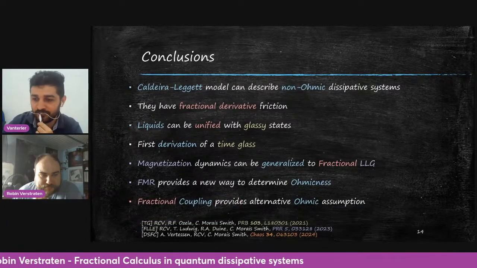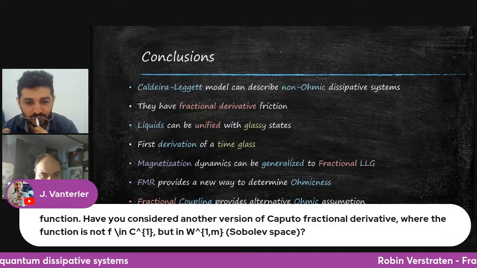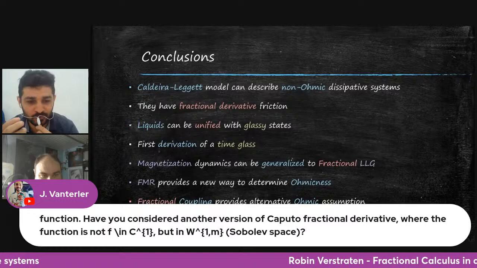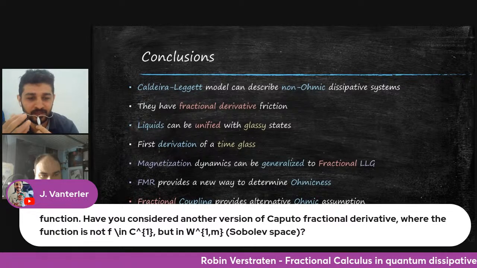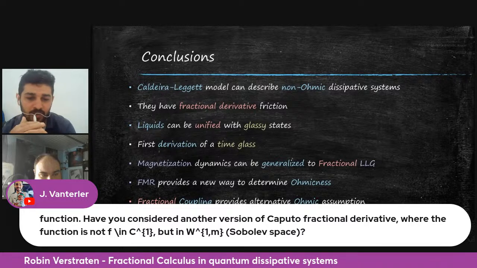But you have other definitions of the fractional derivative where it's not necessary to use the C1 class, but you use a Sobolev space, for example W1.